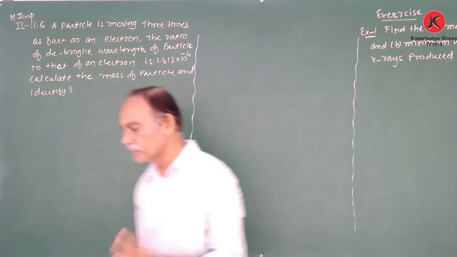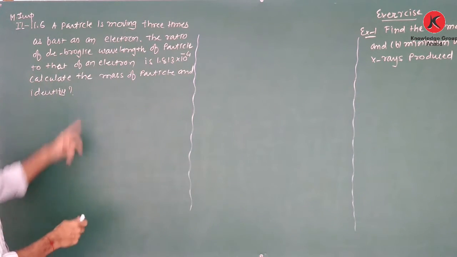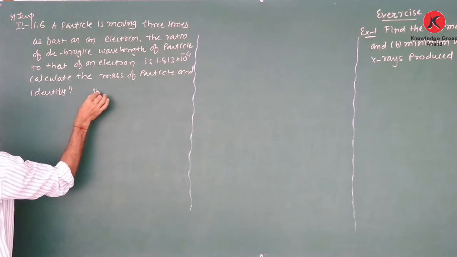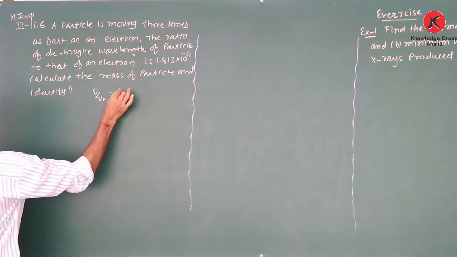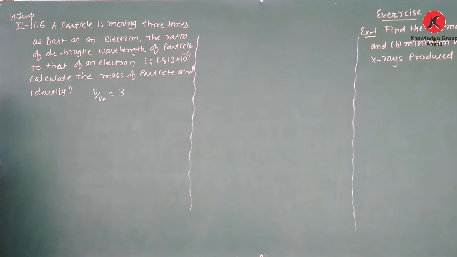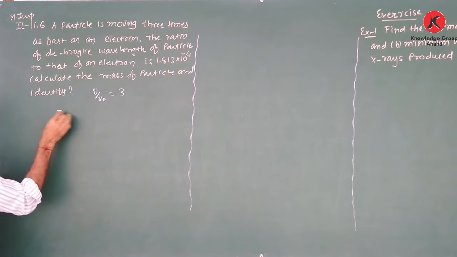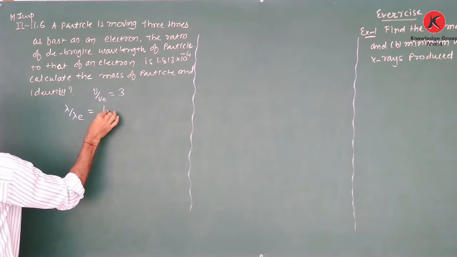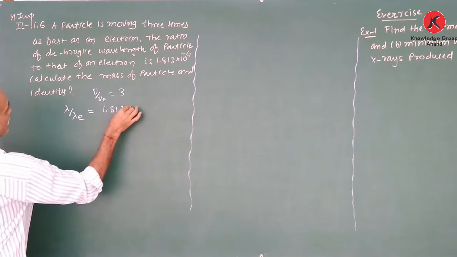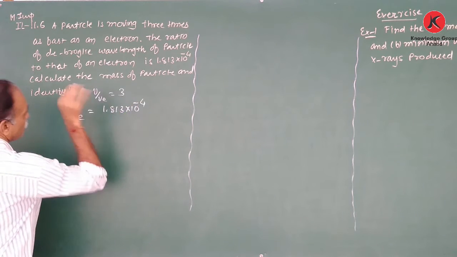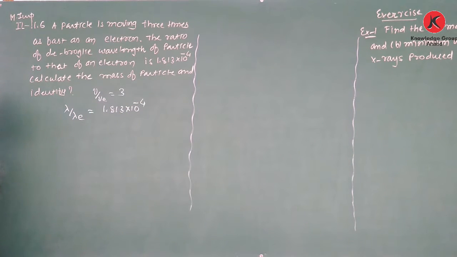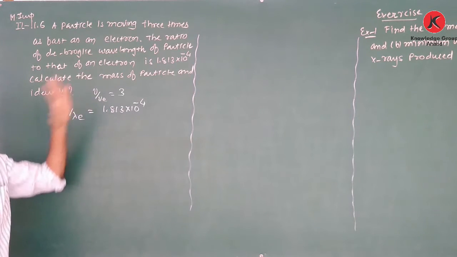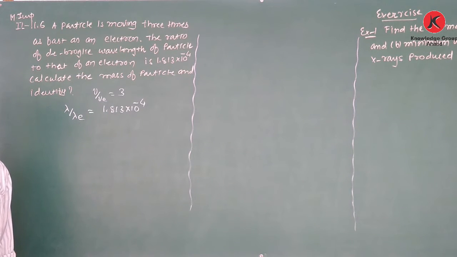Now from the question, what is given? The ratio of the speeds v upon v_e is given as 3, and also the ratio of the de Broglie wavelengths lambda upon lambda_e is 1.813 into 10 raised to minus 4. Now we have to calculate the mass of this particle.